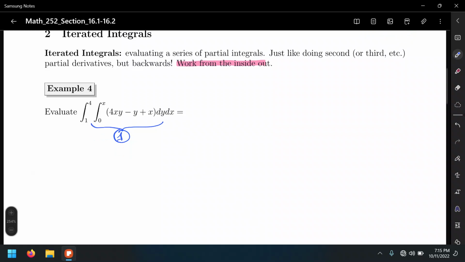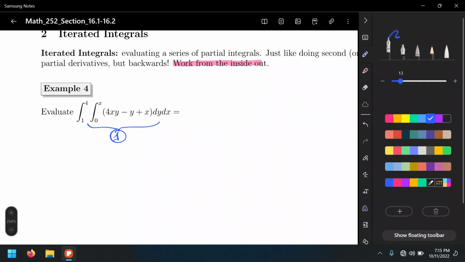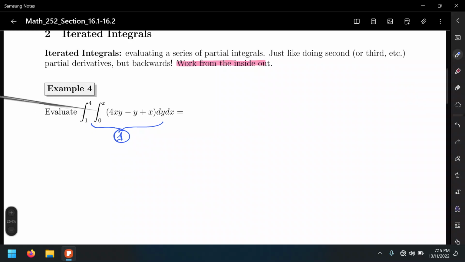So number 1. Okay, so let's integrate 4xy with respect to y. So in other words, we're going to integrate y. Everything else will be constant, so that's going to be held constant. So that's the integral from 1 to 4 times, well, whatever we get from the integration. So that's going to be 2xy squared.